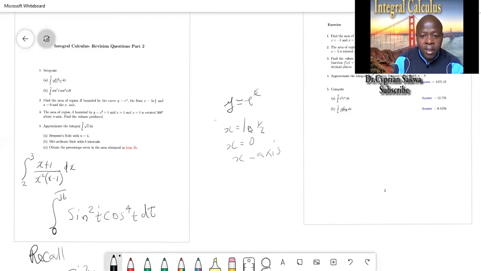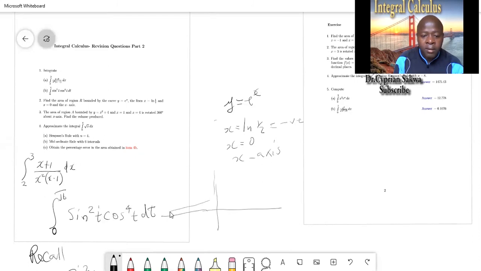Now, if you try ln of a half, you find that it will be negative. So what we have then, our curve, if I was to sketch it, would be something like this.